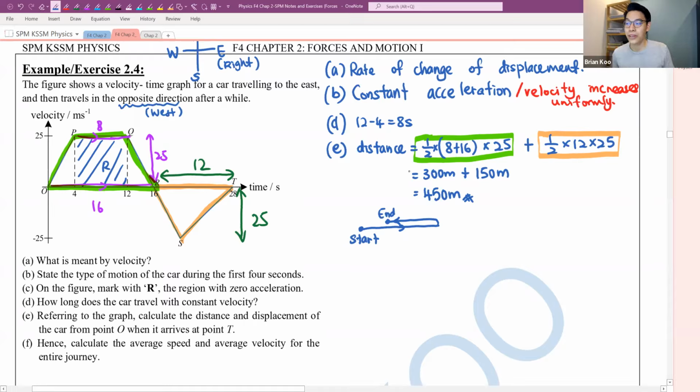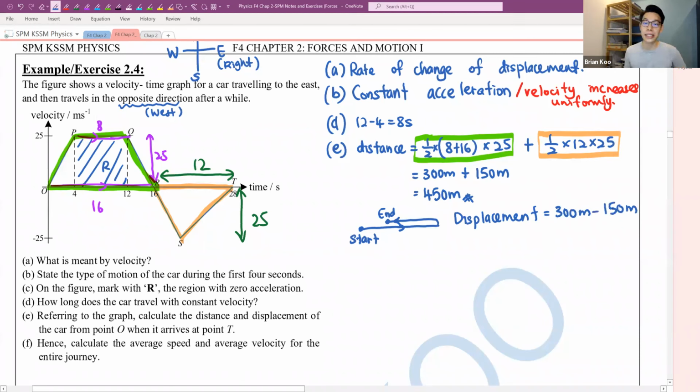If the exam asks you, hopefully you can vomit out the same thing I keep saying. Starting point to the end point. So you have to understand that it changed direction, which then means your displacement is equal to 300 meters minus 150 meters.